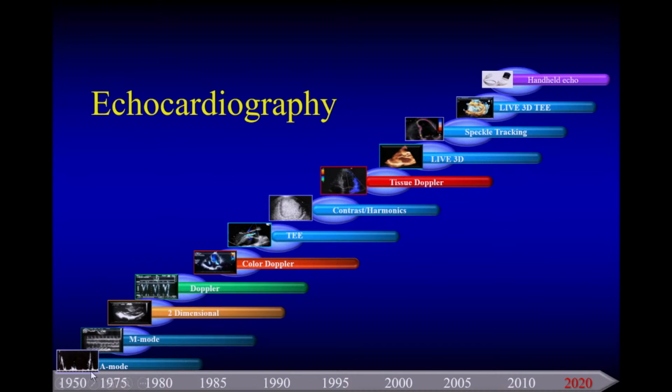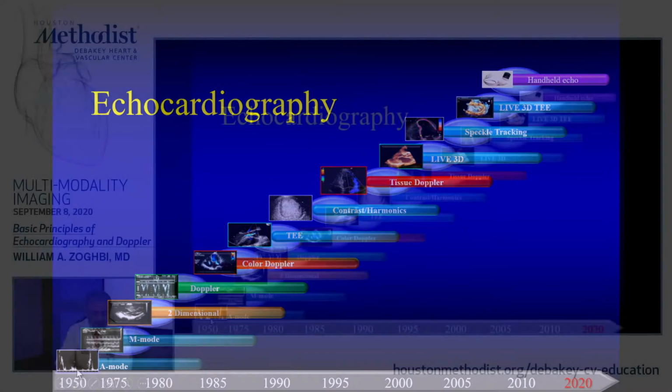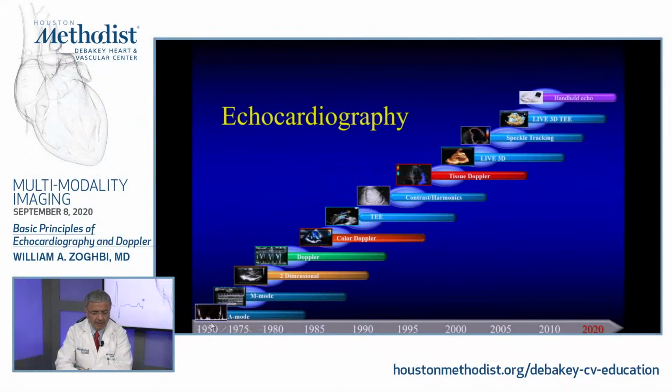A timeline of our evolution from the early Dr. Edler's applications on mitral valve, A-mode technology, M-mode technology, 2D, Doppler, color, TEE, contrast, tissue Doppler, live 3D, speckle tracking, and handheld echocardiography, basically the same principles there.